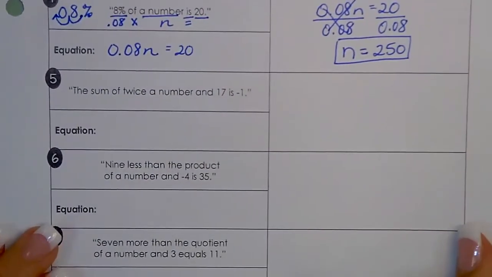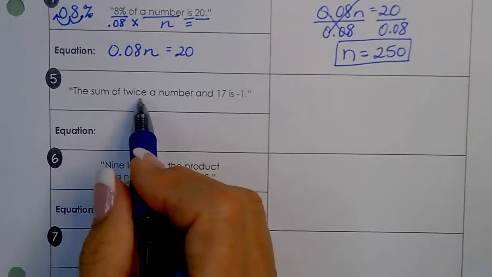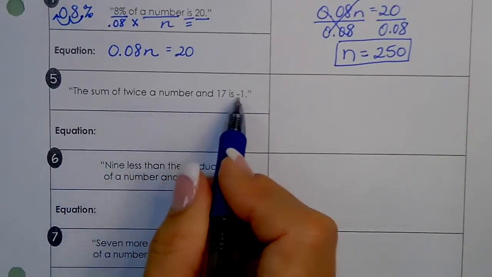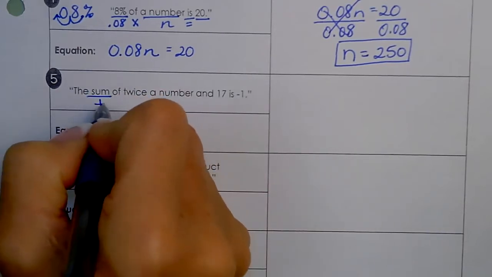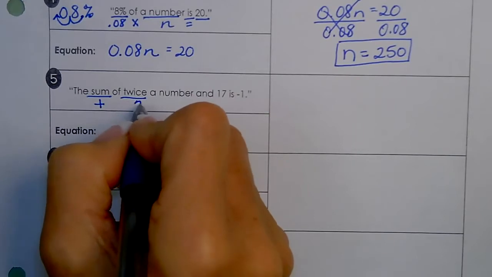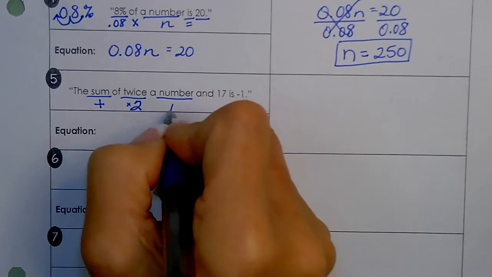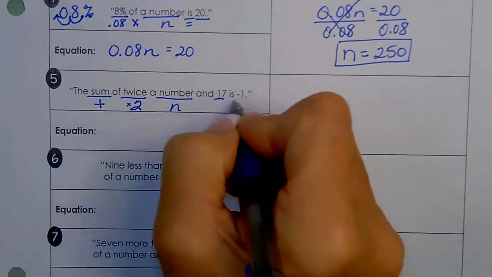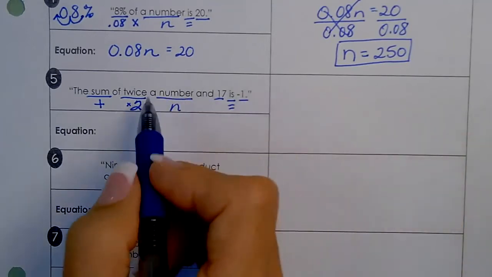Okay, number 5. The sum of twice a number and 17 is -1. The sum, we know, is addition. Twice would be multiplying times 2. A number n and 17 is -1.